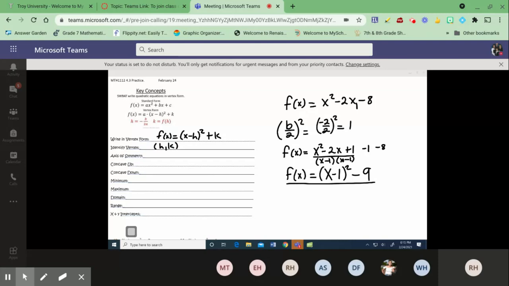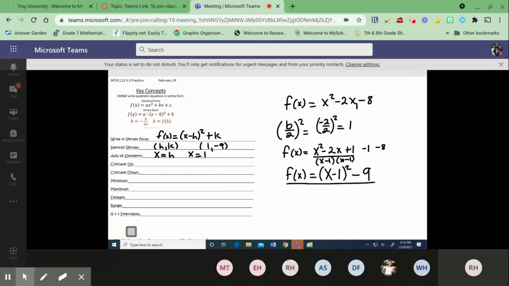So that's going to be a positive 1, right? That vertex is 1 and negative 9. My axis of symmetry is going to be x equals h. So whatever is there is going to be your axis of symmetry. So on this one, when I ask you for axis of symmetry, you're going to say x equals 1.